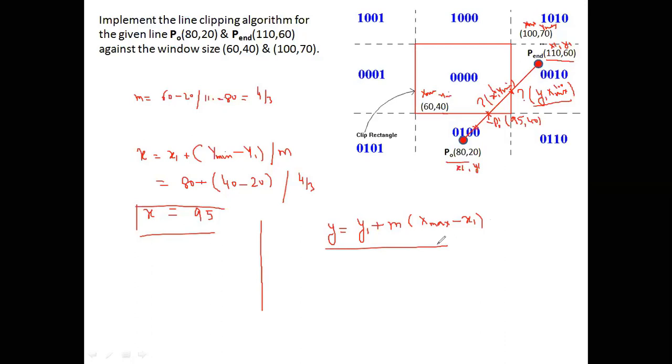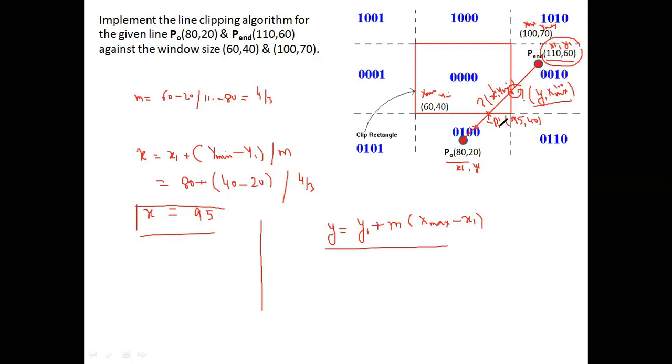So y minus y1 is the first point and this is the second point. How do we calculate the slope? Second point minus first point.